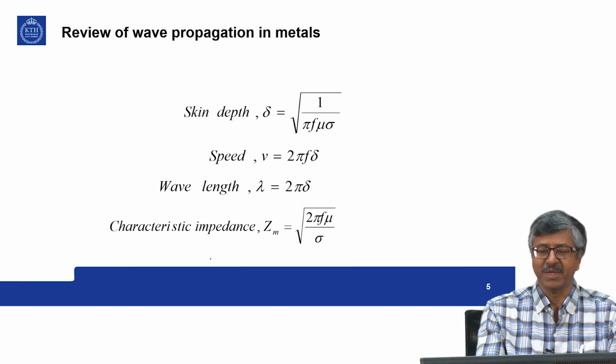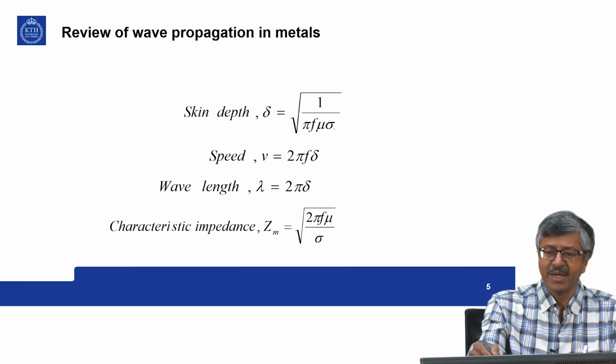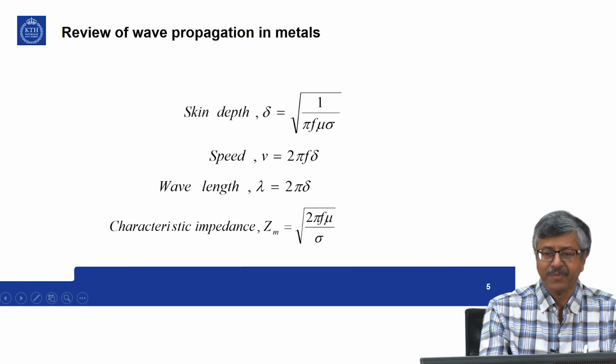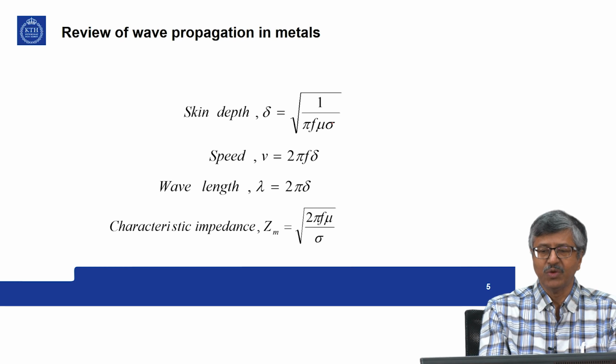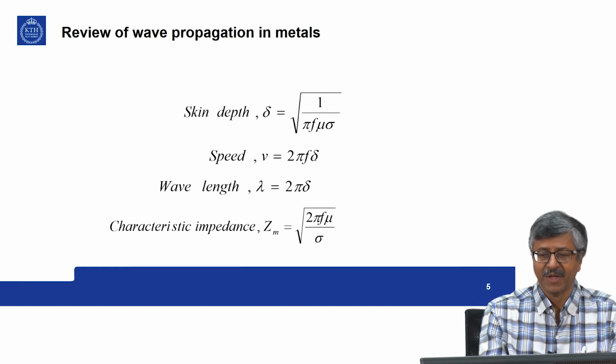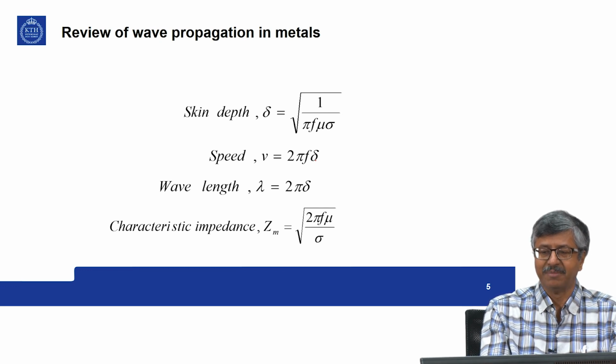Mu is magnetic permeability, and sigma is the conductivity. Now, speed of the wave inside metal is 2 pi f delta, where delta is skin depth, or omega delta, and wavelength is 2 pi delta.